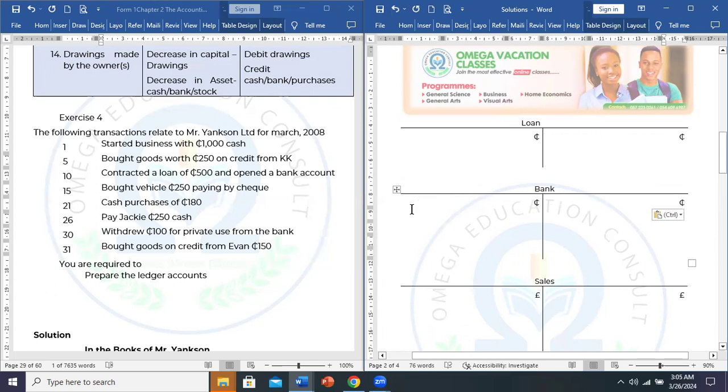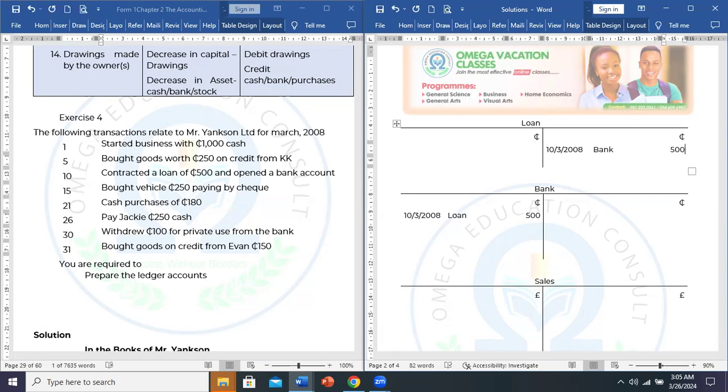The date was 10th March 2008. The details in the bank account will be the loan, and we put the amount 500, and we credit the loan 10th March 2008. The narration will be bank 500.